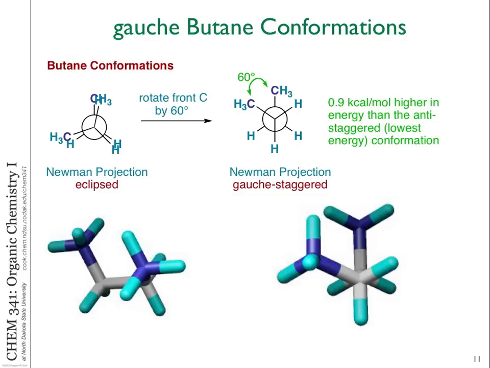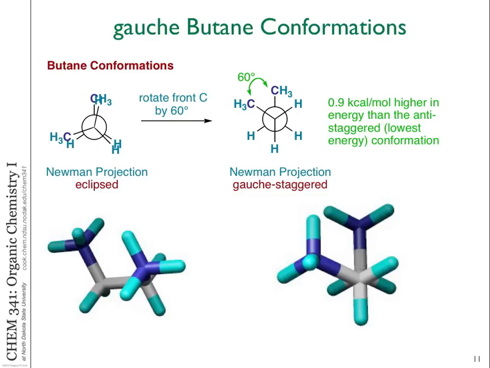Yes, we have relieved torsional strain by going from this eclipsed conformation now to the staggered conformation, but those methyl groups are coming closer together. So you wouldn't expect this conformation to be as low in energy as the original one where the two methyl groups were 180 degrees apart, right?